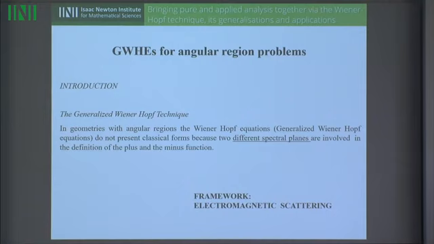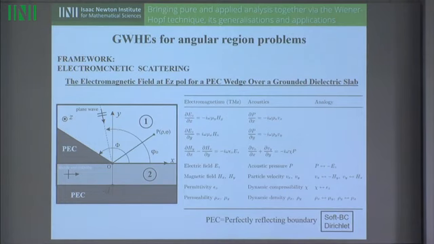The equations have unknowns, the plus unknowns and the minus unknowns, that are defined in different complex planes, and these different complex planes are connected together with a mapping. And I repeat here, the framework will be electromagnetic, so sorry for the quantities that I report in these presentations.